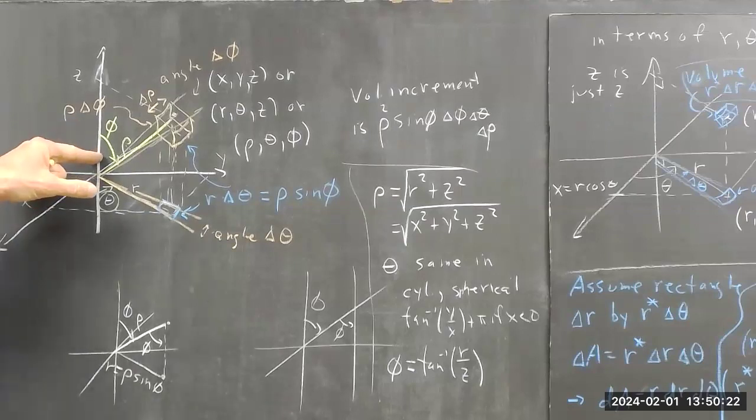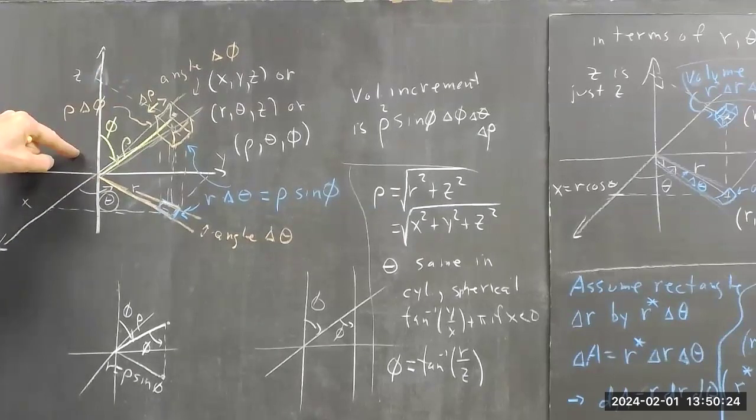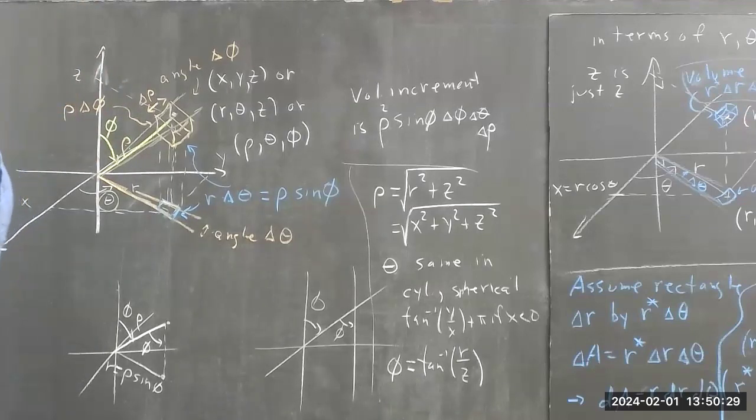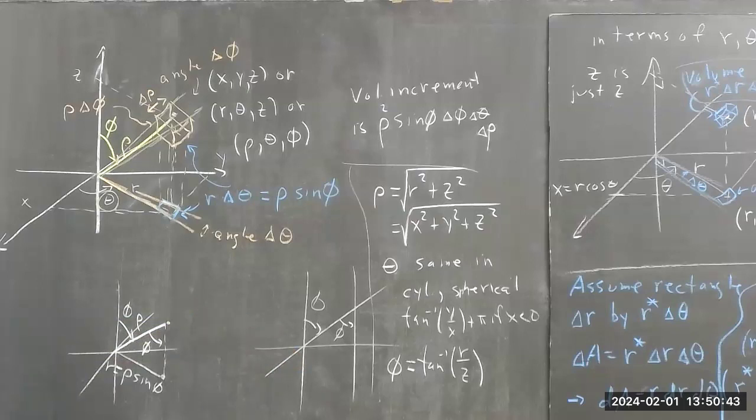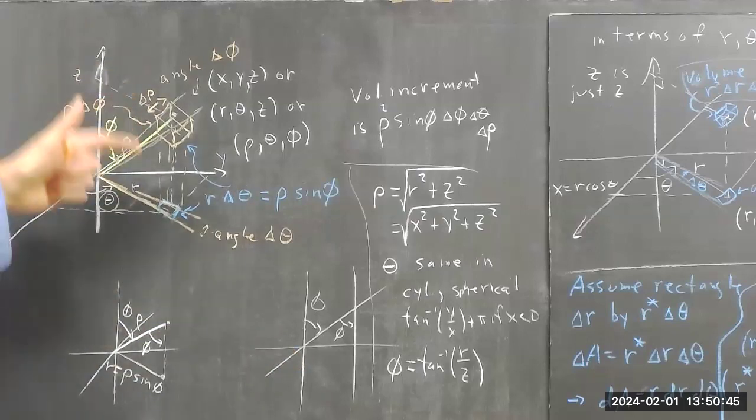Tangent of phi is opposite over adjacent, which is r over z. If z is negative, it just gives you an angle.